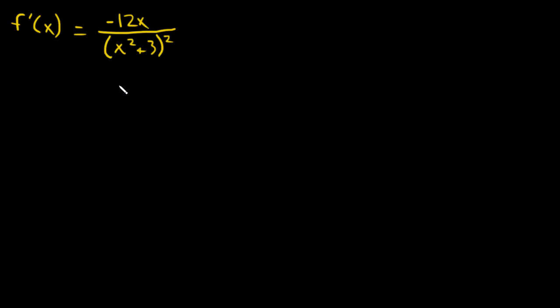Alrighty, so here we go. That's my f prime. Now for the fourth step, I need to find the inflection points. Now I'll write it all the way out this first time.